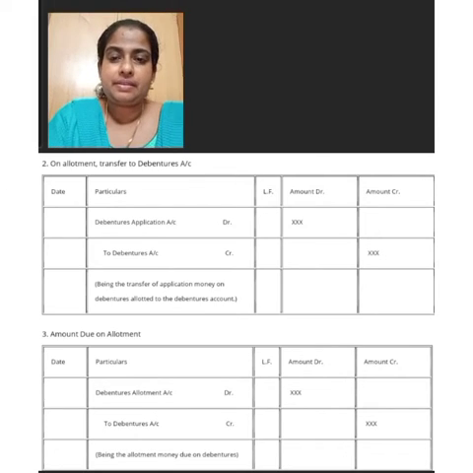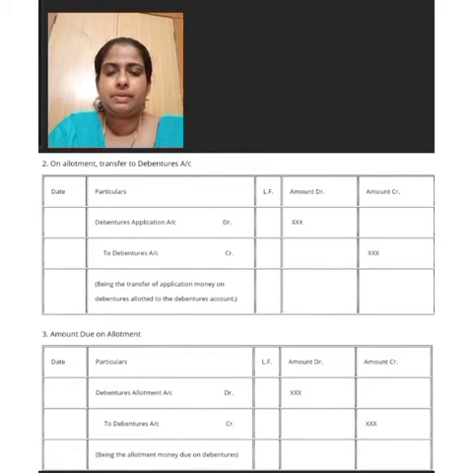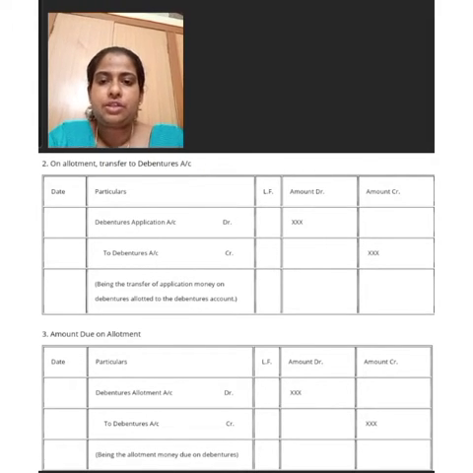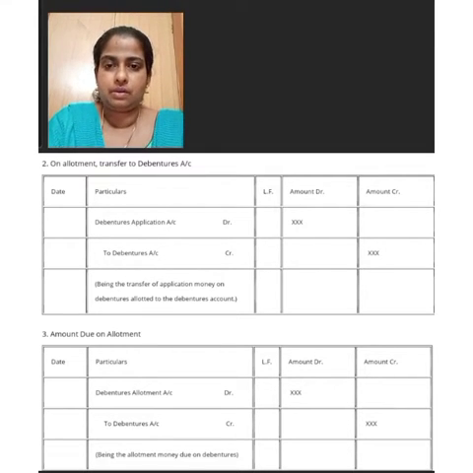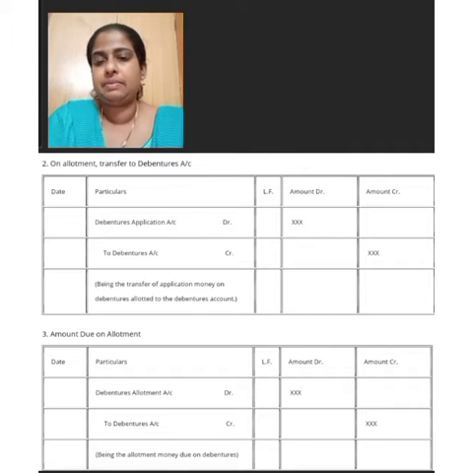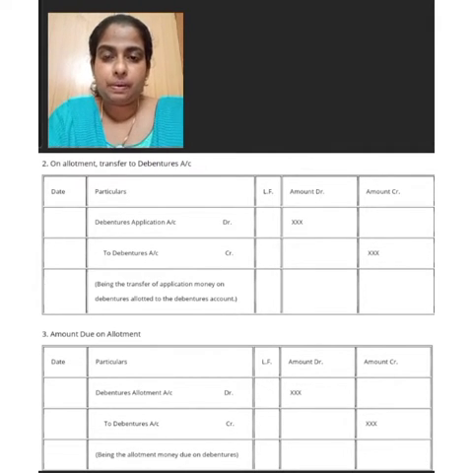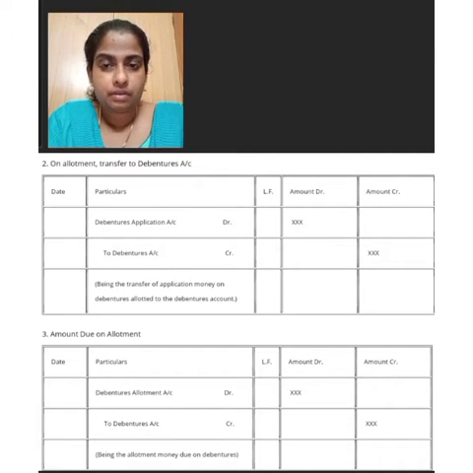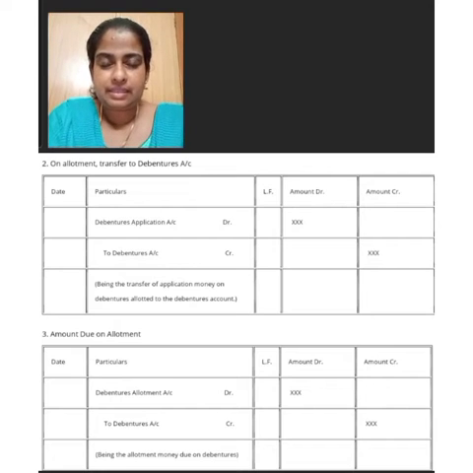The second step is transfer of issued debentures application money to debenture account. The entry will be Debenture Application Account debit to Debenture Account. Suppose ABC Limited decided to issue 10,000 debentures to the public, but the subscription was received for 12,000 debentures and the application money is 20. Pass the necessary journal entries.